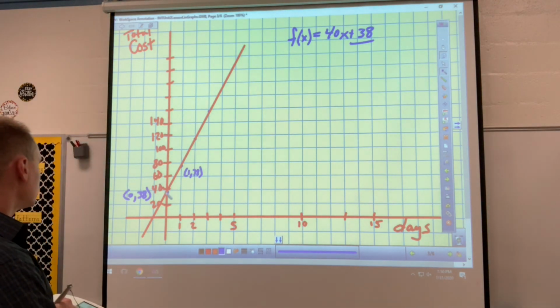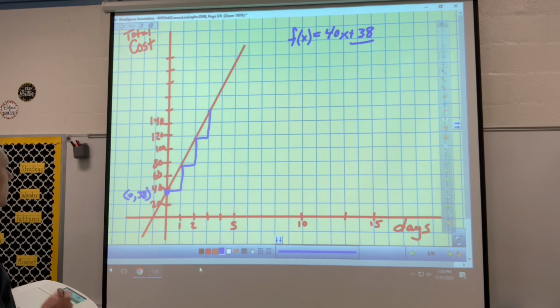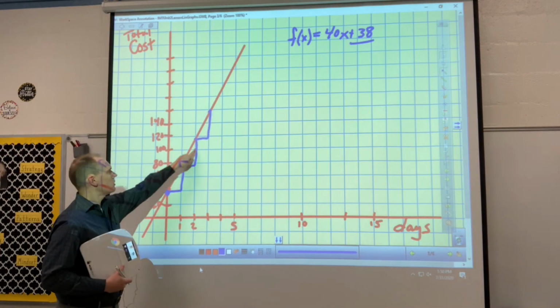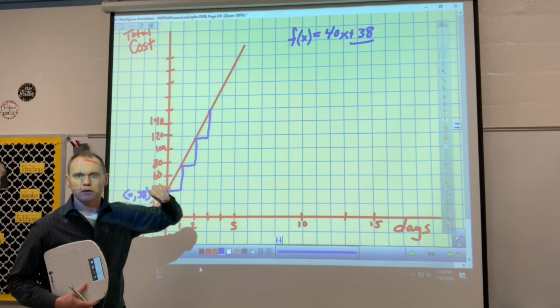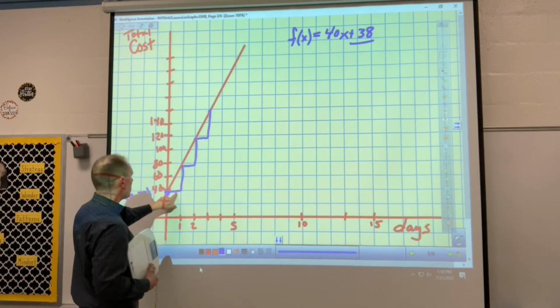Again, where our y-intercept is 38, and then for every time we go over 1 in the horizontal direction, we go up 40. Over 1, up 40. Over 1, up 40. All of these triangles are what we call congruent. They're actually the same triangle there. Same amount we go over, same amount we go up.